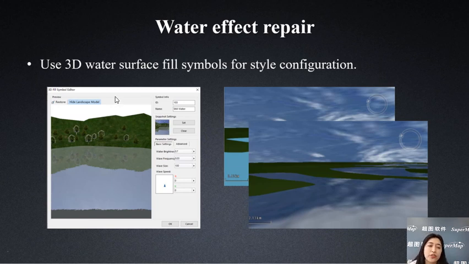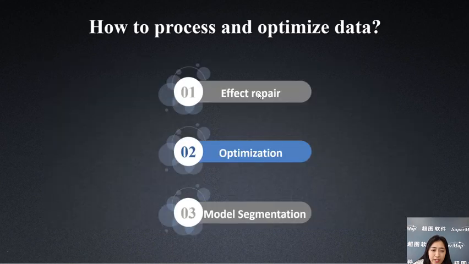So we could fill the surface of the water and use water symbols to affect this water. Okay, that is our water effect repair. And then let's look at how to optimize the oblique photographic data.